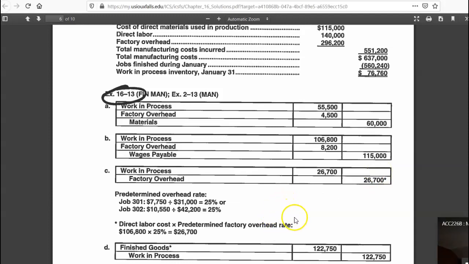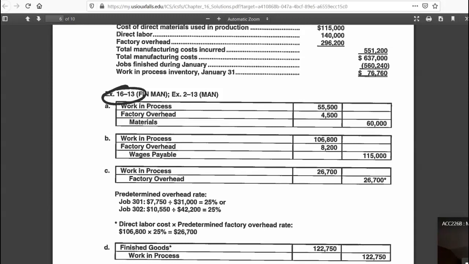Okay, and then letter C, it says the factory overhead that is applied, and it says they use a single overhead rate based on direct labor costs. So they don't tell you what that rate is, but we can calculate it. And by doing so, we can apply it to the other 2 jobs.